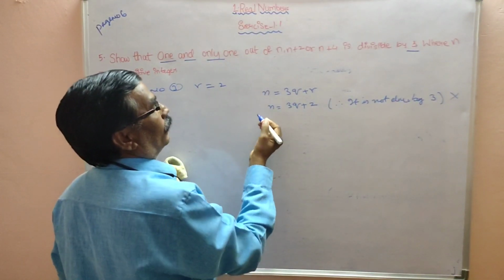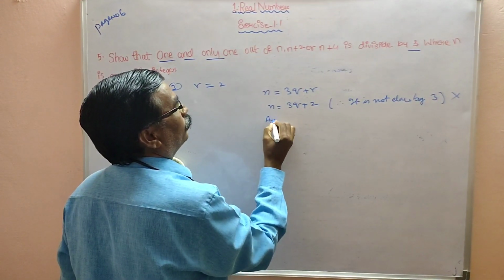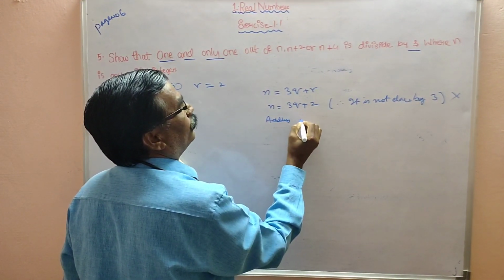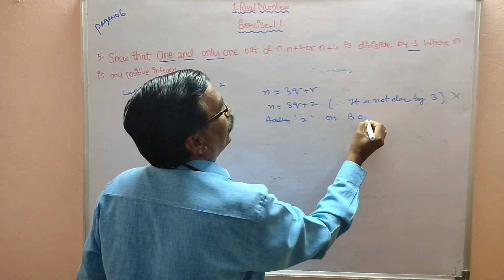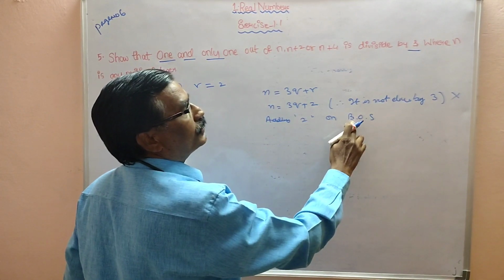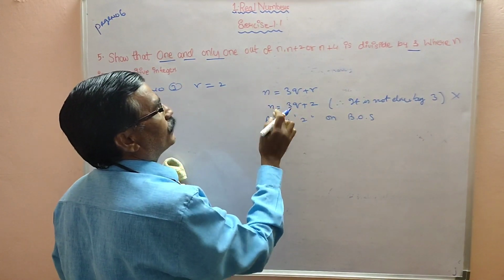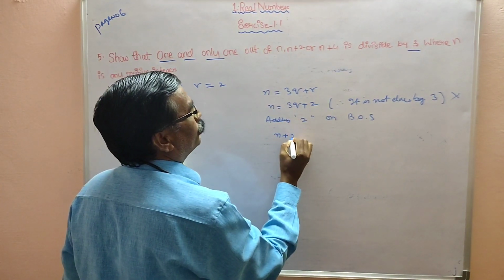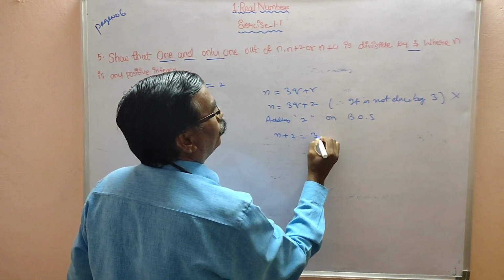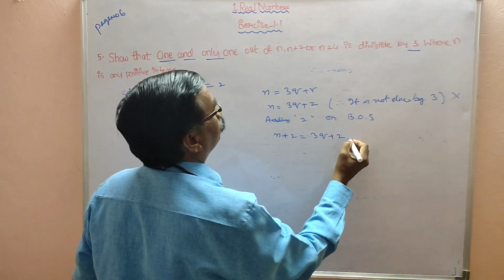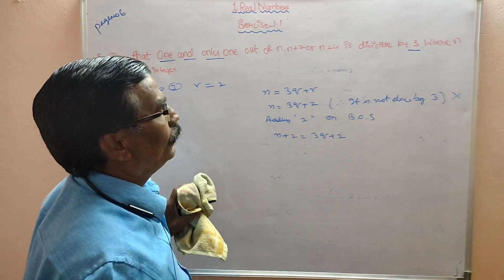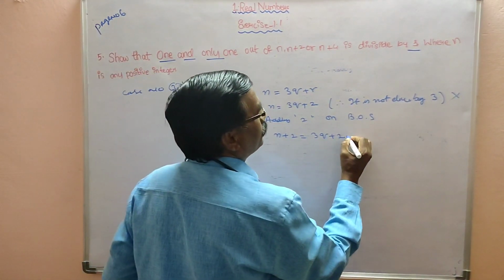So here in this equation, adding 2 on both sides. BOS means both sides. So what will come? n plus 2 equal to 3q plus 2 plus 2.